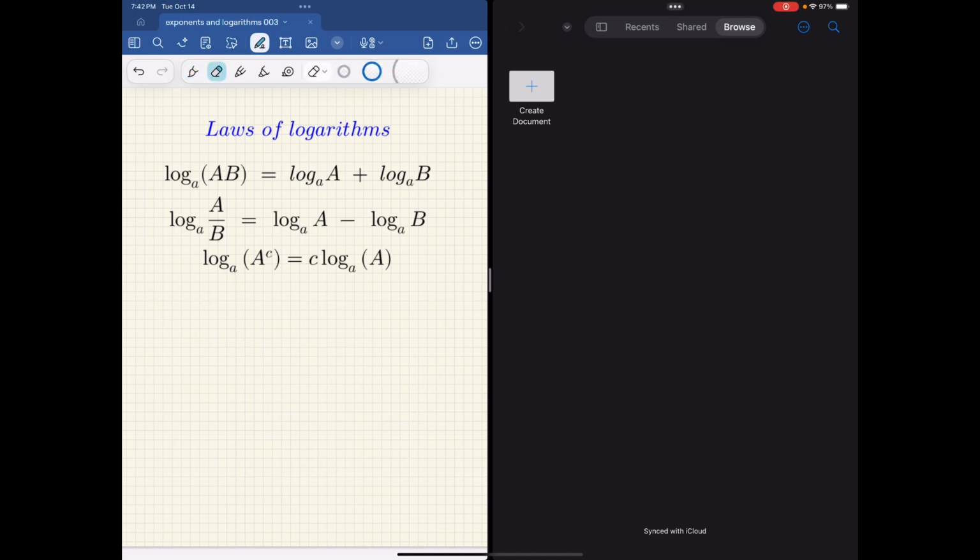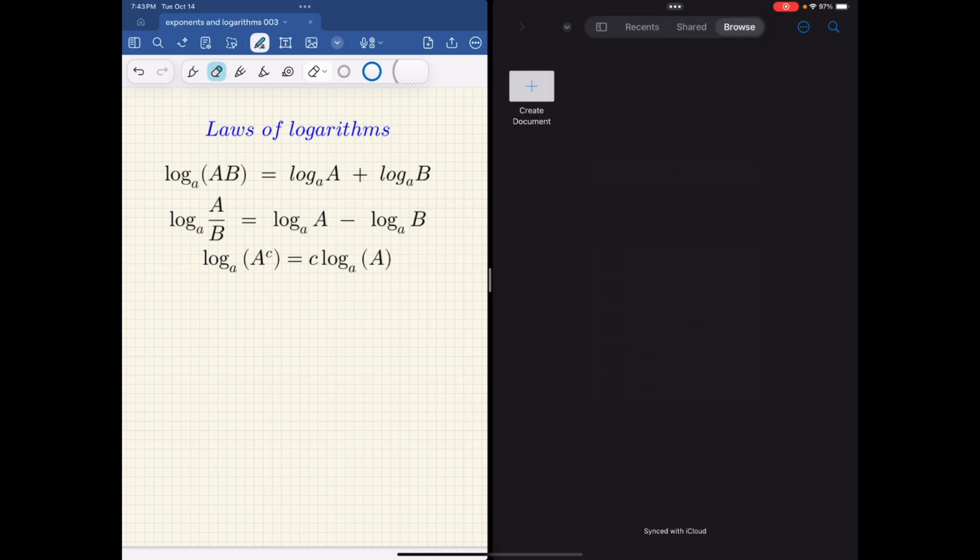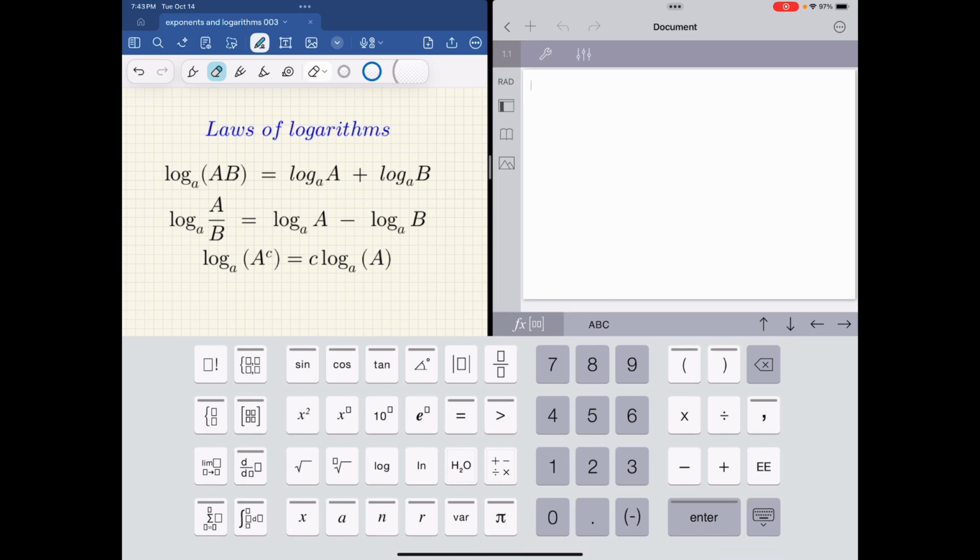Now that we've proven these three relations, let's test them out using our TI Nspire CAS calculator app. So we're going to create a document and we're going to add a calculator to it. And first, let's test the first one, the multiplication relationship.